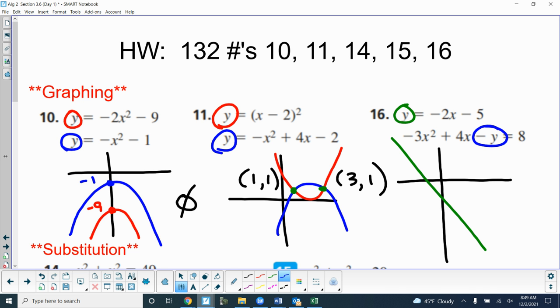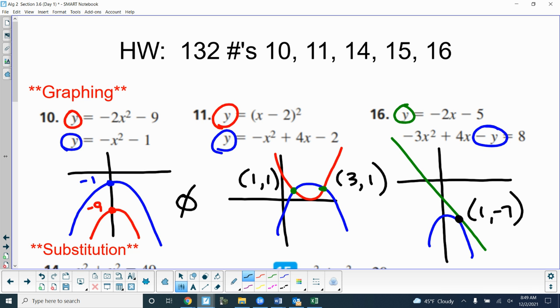And remember, on this one, you're going to have to get y by itself for that parabola. Then you'll have a parabola that meets down here somewhere. There's a point of intersection here at 1, -7.